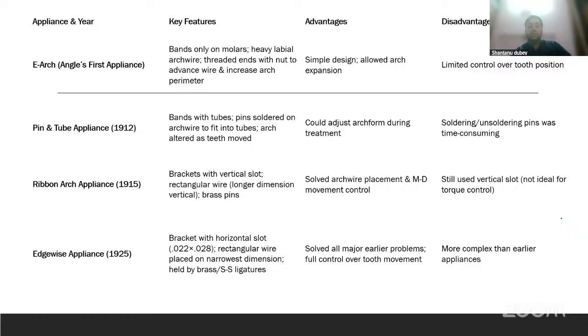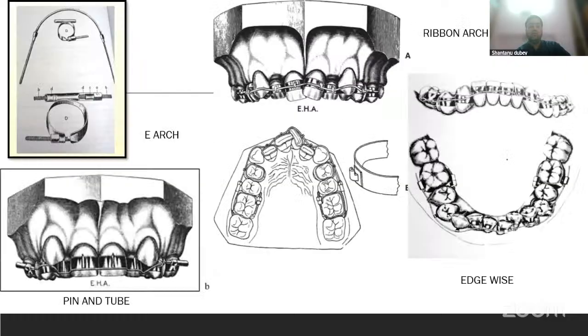I just want you to have these photographs so that it doesn't confuse you. Maybe they'll give you photographs and ask, this is the first, E arch. There's an arch, nothing much about this. Then always remember pin, P R. So pin and tube. This is a pin which is engaged in the wire, welded to the wire.